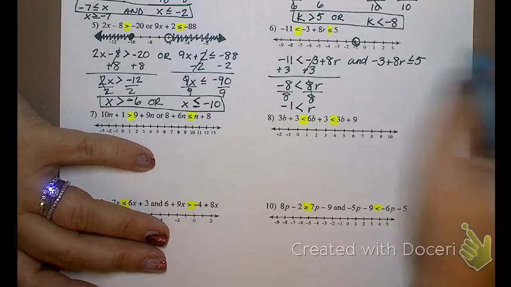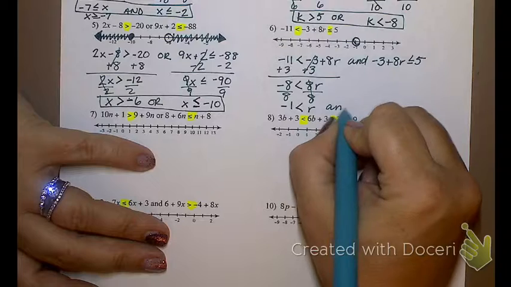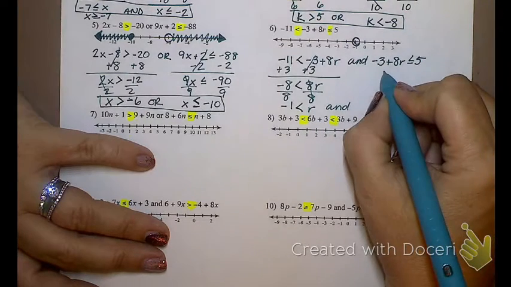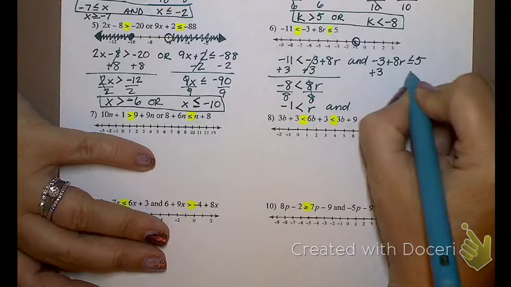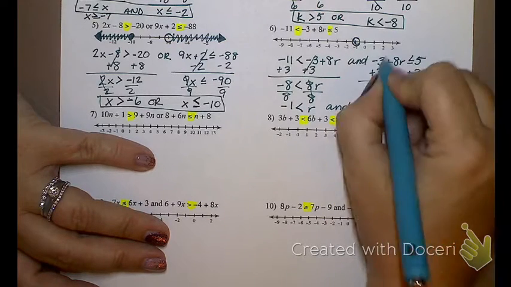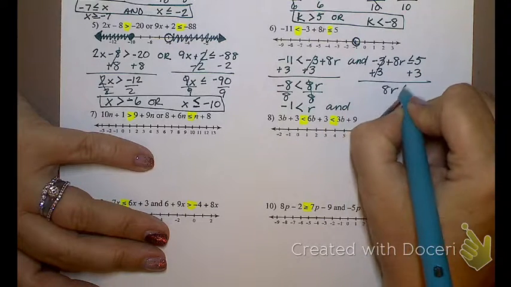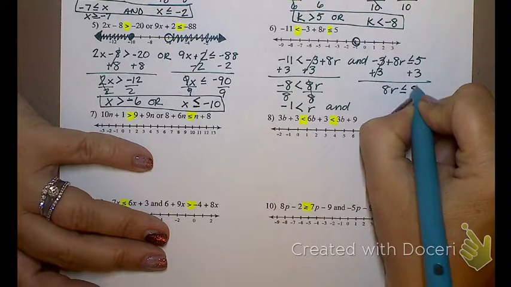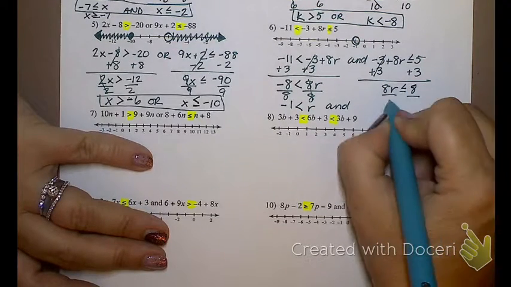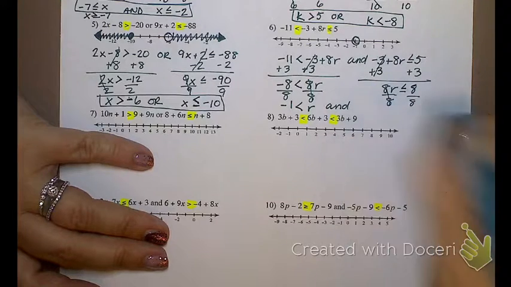Okay. And over here, what do I do? Add 3. So 8r is less than or equal to 8. Divide by what? 8.